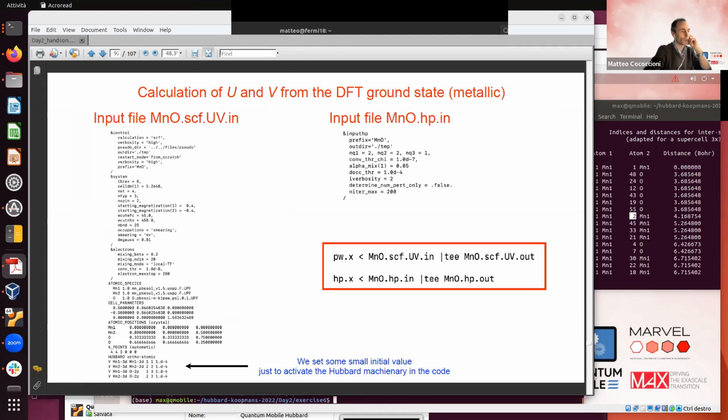So if you already know that it's an insulator and you can get an insulating ground state with some initial guess of the Hubbard parameters, then maybe it's convenient. If you plan to compute U and V self-consistently, then maybe it's a better idea to use an initial guess that already gives you some insulating ground state, so that the HP code, which we will use to determine U and V self-consistently, will run faster and take less of your time.